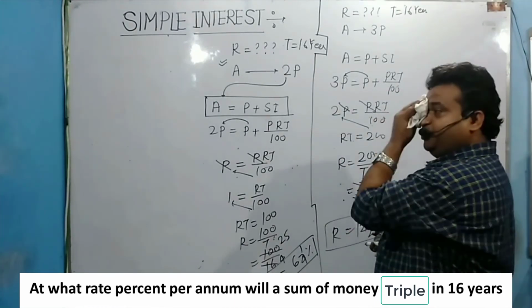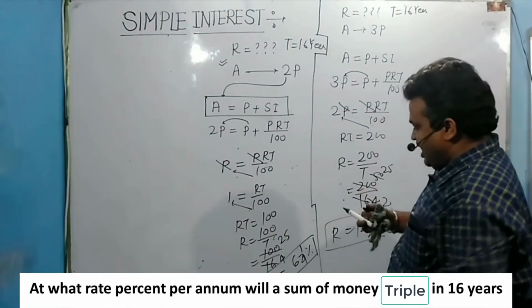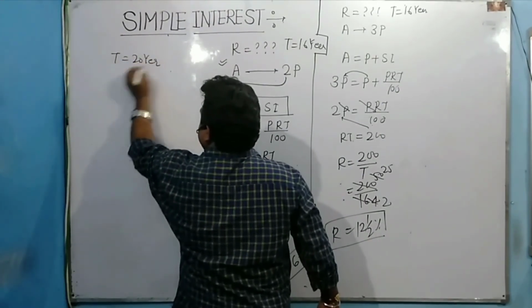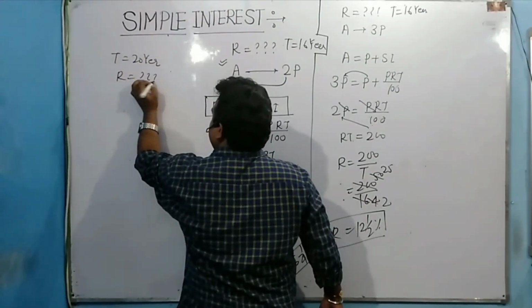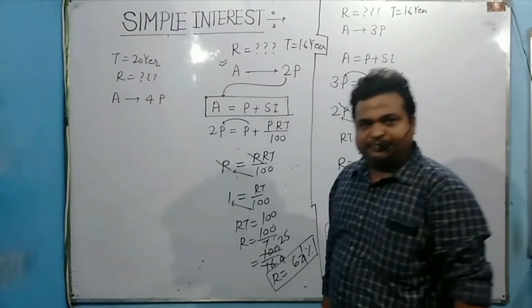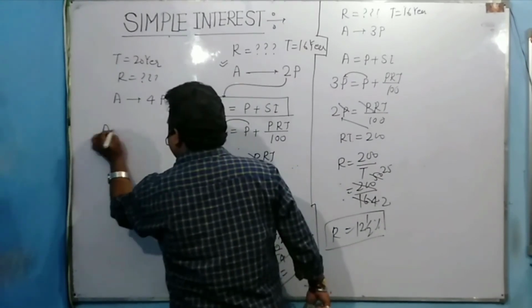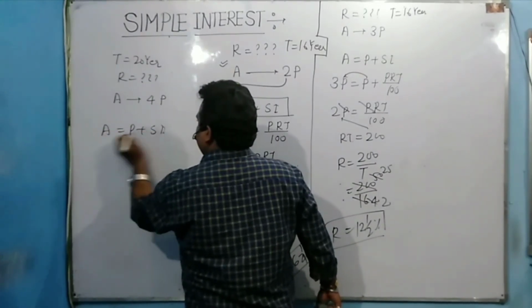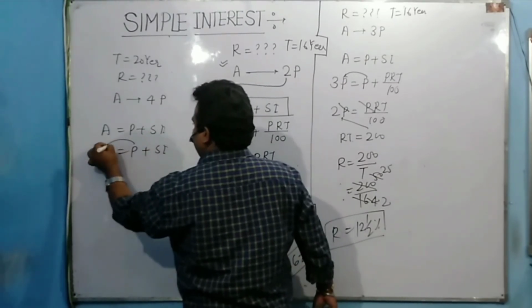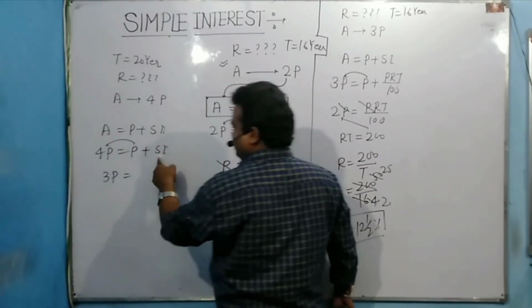And suppose the same question comes like after 20 years, find the rate percent so that your accumulated amount is 4 times of principal. So again the same formula you apply, A is P plus SI. Your A is what? 4P is equal to P plus SI. Immediately you subtract, you will get 3P. What is the formula of SI?